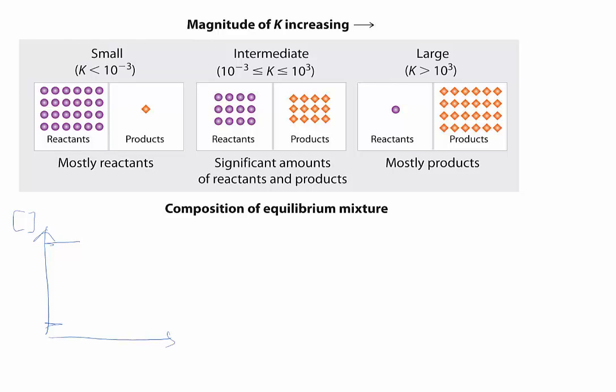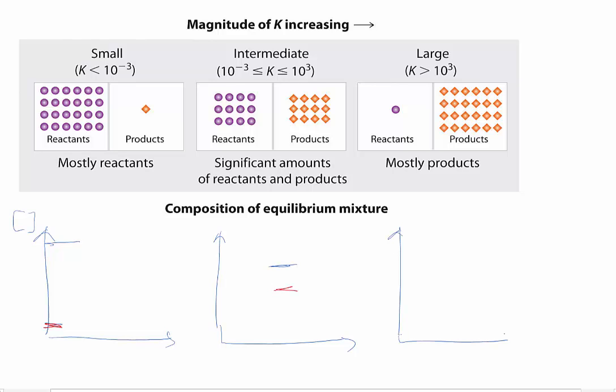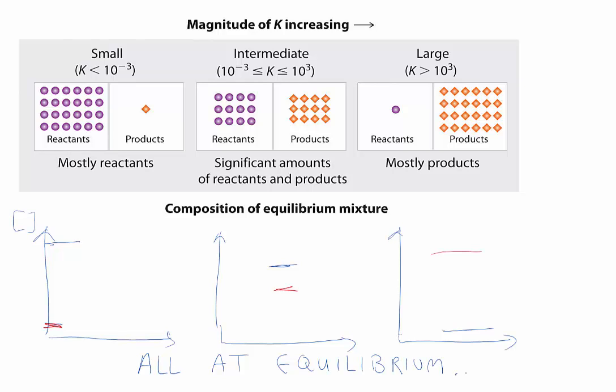For intermediate systems where the amount of reactants is roughly equivalent to the amount of products, you have K values between 0.01 and 100. These can be represented again on a graph, which looks at the concentration as a function of time. But remember that this is just showing the equilibrium position, not how it gets there. All of these systems are at equilibrium. They just have different equilibrium positions, and that's what the K value measures.